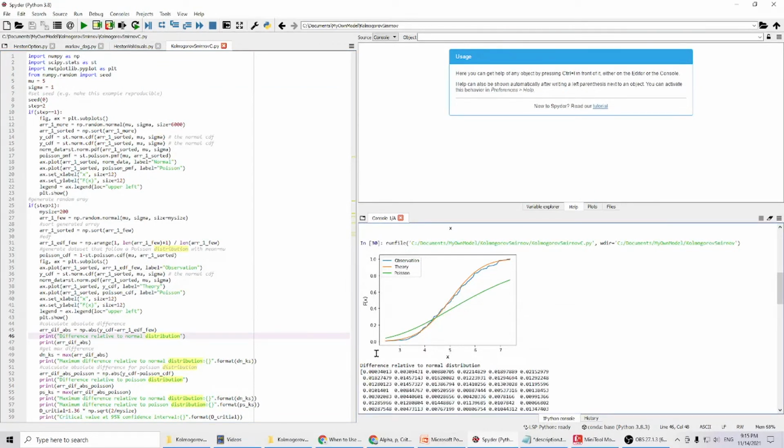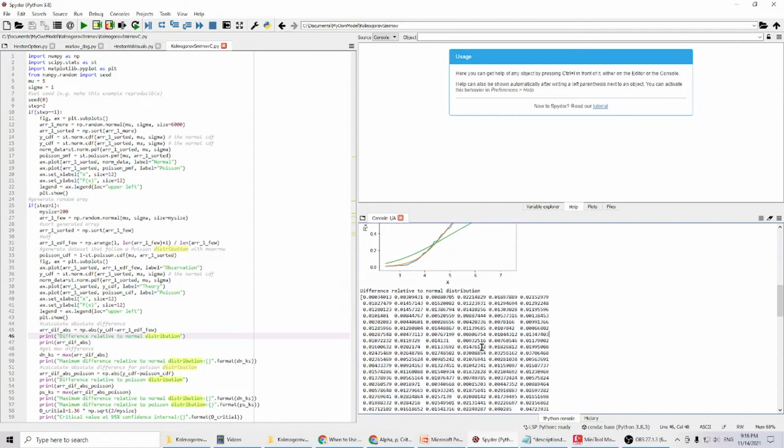From this graph, you can see the EDF of our sample data is very close to the CDF of this normal distribution, but is quite different from the Poisson distribution. If we check the data, this shows the difference between our sample data and the normal distribution.